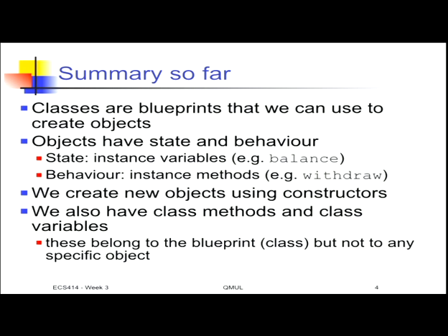A recap so far. What we've been seeing is classes. Java starts from classes that can be seen as blueprints that we can use to create objects. Objects are not really defined in Java unless as instances of classes. Objects have state and behavior, and the state and the behavior correspond to instance variables and instance methods.